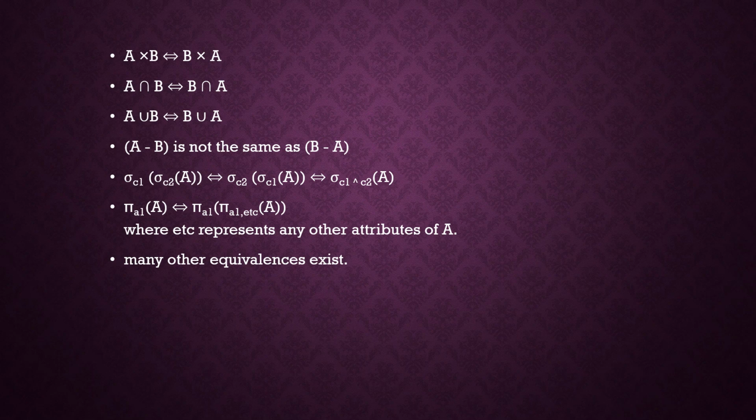Sigma C1 of sigma C2 of A is equal to sigma C2 of sigma C1 of A, and it's also equal to sigma C1 and C2 of A. And pi A1 of A implies pi A1 of pi A1, etc. of A, where etc. represents any other attributes of A. Many other equivalents exist.